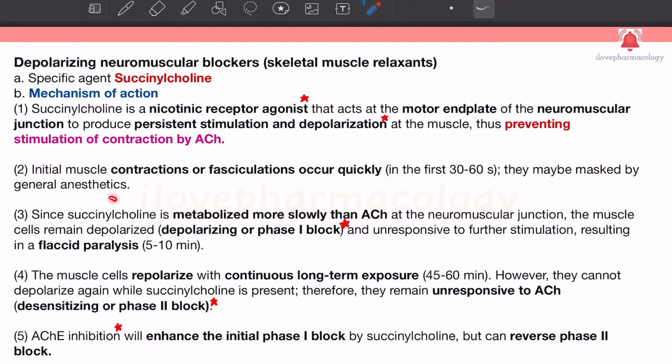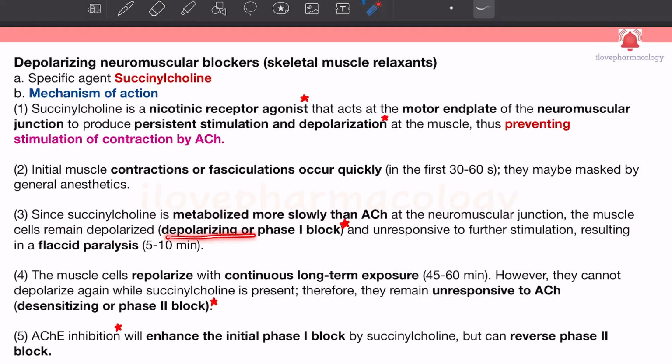Since succinylcholine is metabolized more slowly than acetylcholine at the neuromuscular junction, it remains for a longer period of time and the muscle cells remain in a depolarized state.